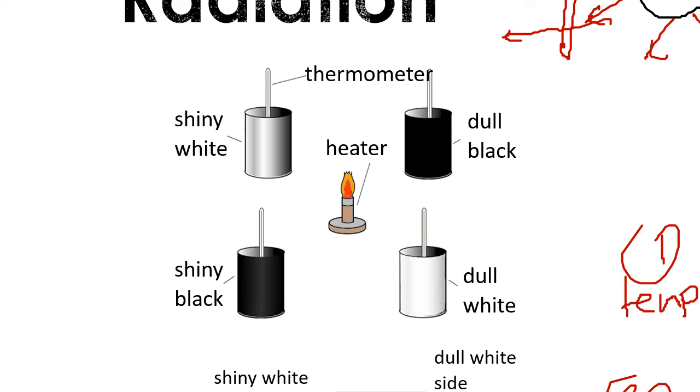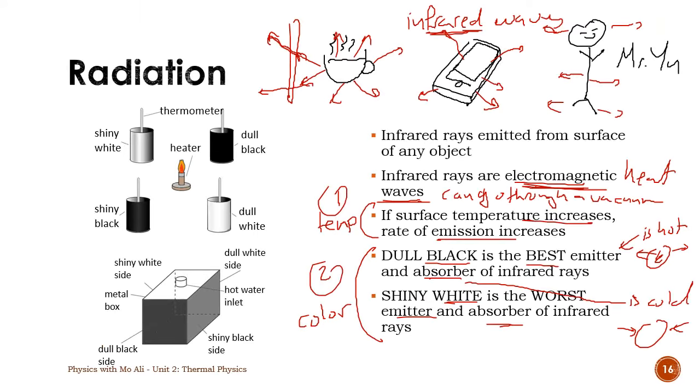Remember, this heater is emitting heat to all of them. And you want to see which one becomes hotter, faster. Because all of them are going to be absorbing heat from the heater. The heater is going to emit heat equally to all 4 of these objects because they're all placed at the same distance from the heater.